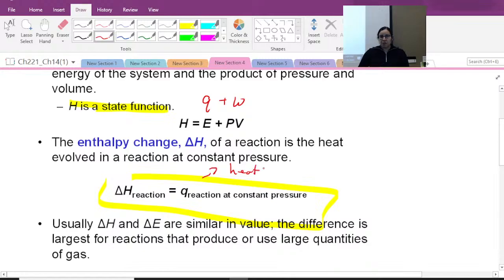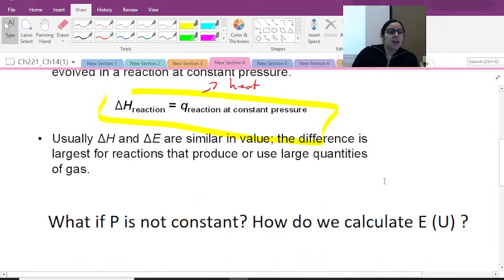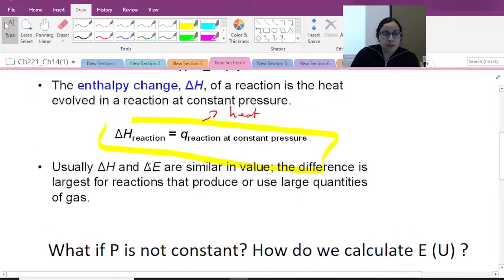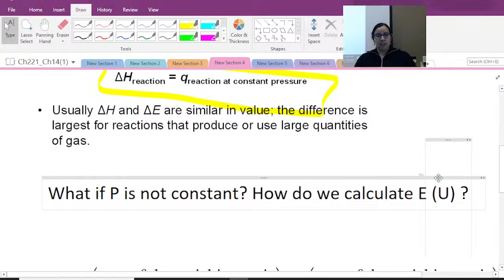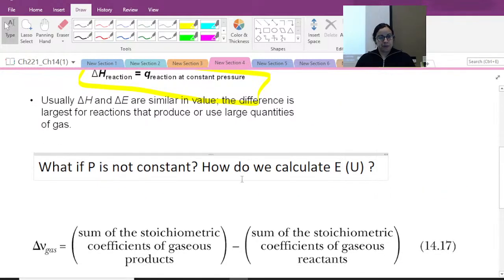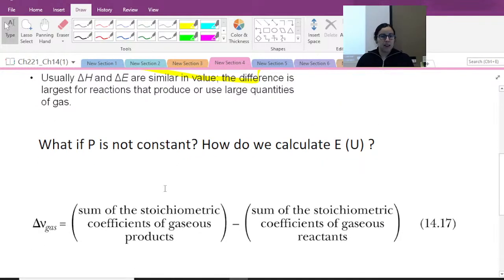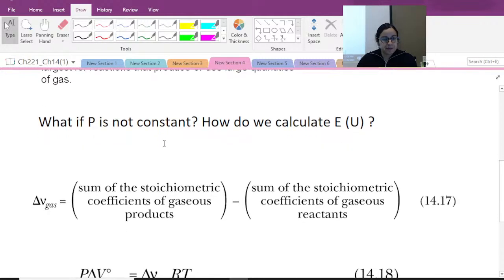There are a lot of variables in thermodynamics. Usually, like we've been looking at, they're very similar in value, and it's only when we have reactions that produce or use large quantities of gas that they differ. And so how do we calculate it? What if our pressure is not constant? How would we calculate our internal energy?